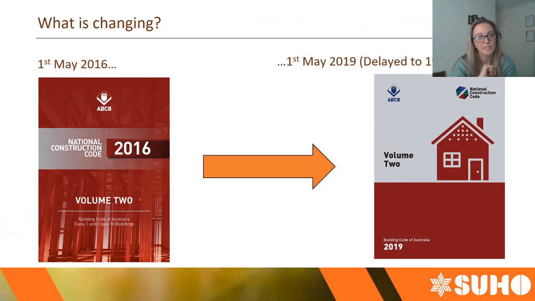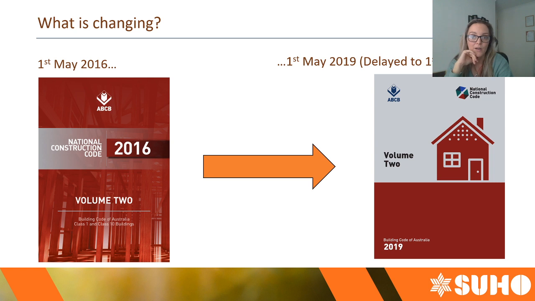So what is changing? Basically the 2016 code is now expired and we are now in full swing of NCC 2019. This was delayed by 12 months, so obviously it's 2020 now, not 2019. This change was delayed by 12 months from the 1st of May last year to the 1st of May this year to allow the industry to get their heads around the changes.